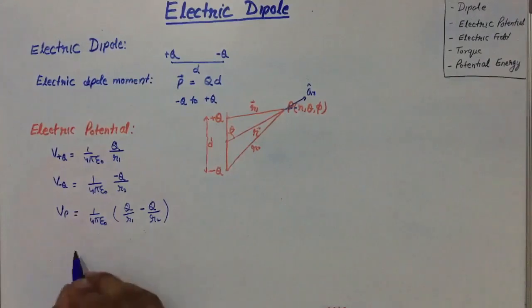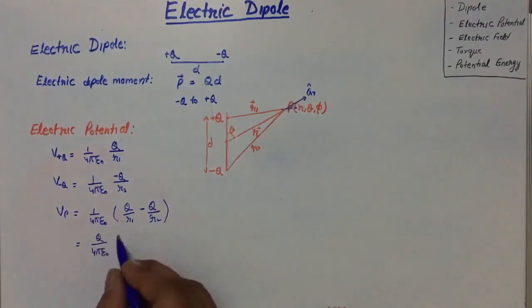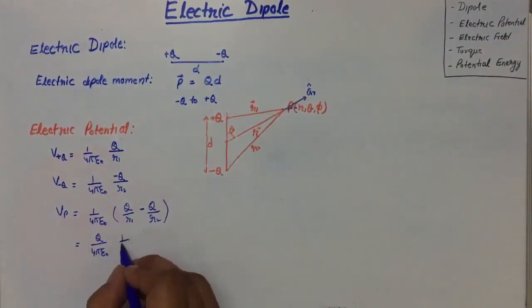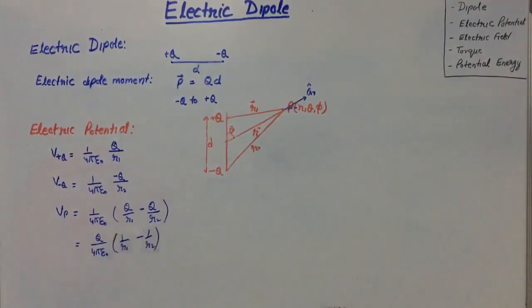Taking Q outside, it will be Q by 4 pi epsilon naught times (1 by r1 minus 1 by r2). After further simplification it will give us Q by 4 pi epsilon naught times (r2 minus r1) divided by (r2 into r1).